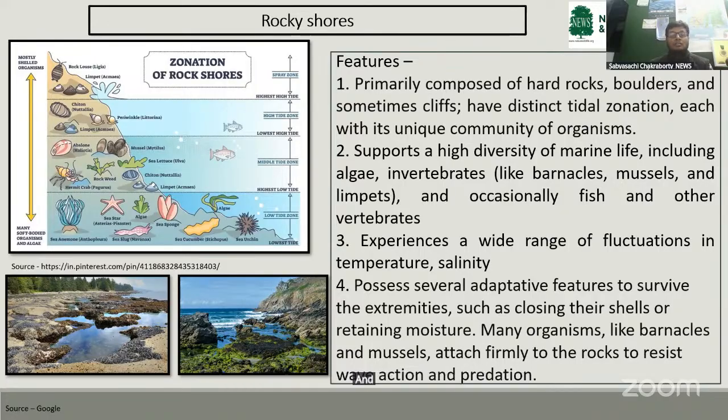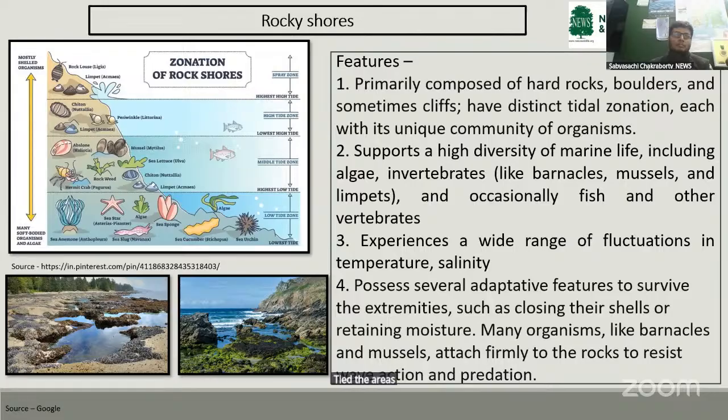And it is not that they are devoid of any organisms, but they are rich in different organisms and their community is also very unique. The biodiversity is very unique, mostly due to the high influence of the tide.